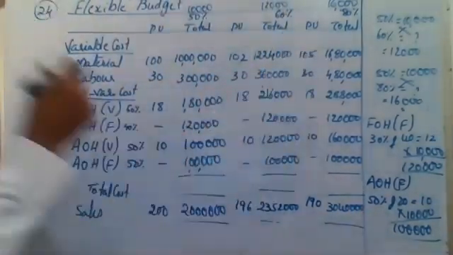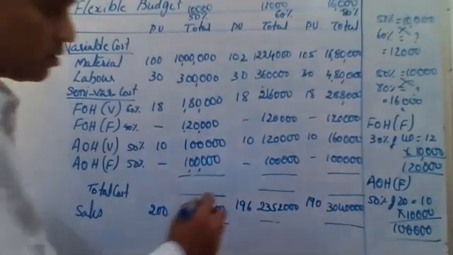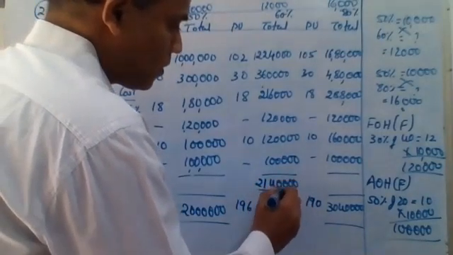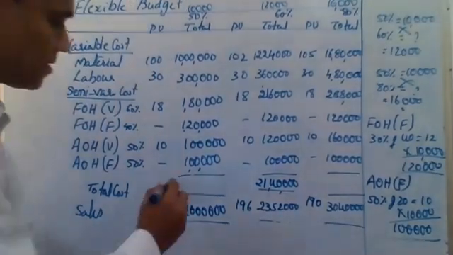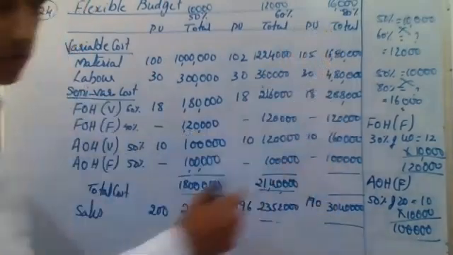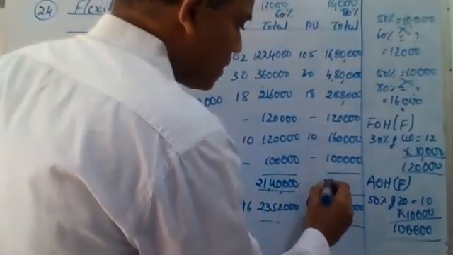What about the total cost? The total costs are coming to 21,40,000. In this case, it is 18 lakhs. In this case, it is 28 lakhs 28,000.